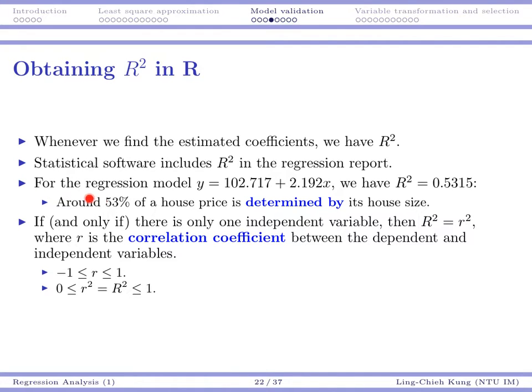So for our best regression model with size as the only predictor, we have R-square of around 53%. That means around 53% of a house price is determined by its size. Okay, there are other determinants of the house price, but at least house size is pretty important.